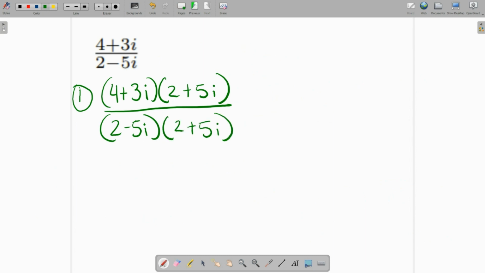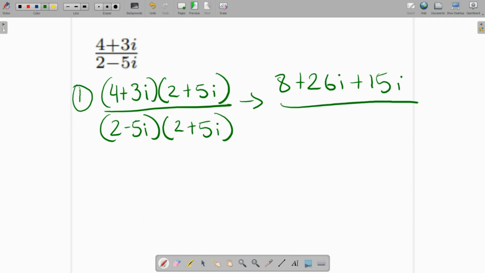And if we were to multiply and then simplify all this out, we would get 8 plus 26i plus 15i squared. And then if we were to simplify this out, we would get 4 plus 25, which I'll just write as 29. Or we could just leave it as 4 plus 25, and then we could simplify this in the next step. Oh, I forgot to write the 5.